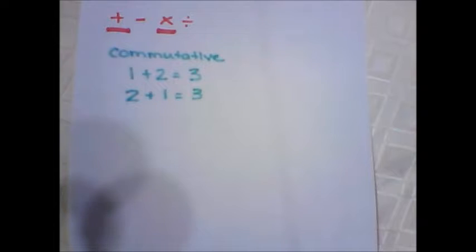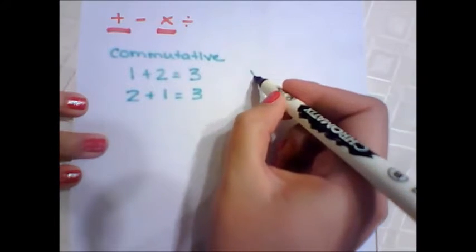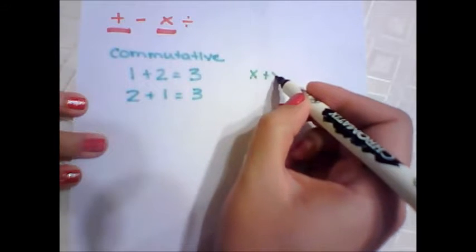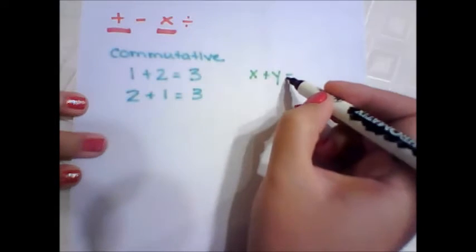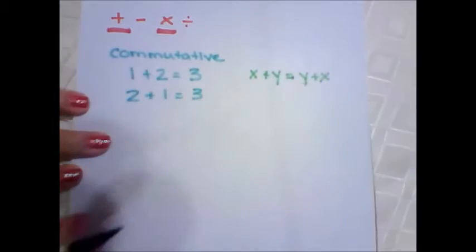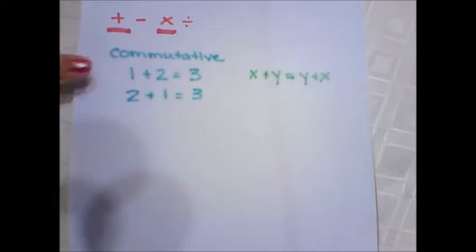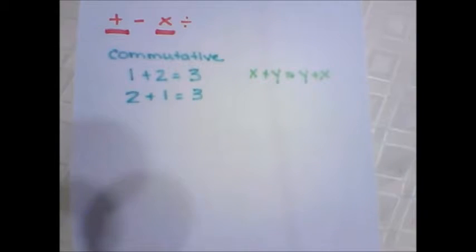I'm going to use x and y, which I use on a daily basis because I teach an array of mathematics, and those are very common variables. So x plus y is the same as y plus x. This is the algebraic version of the commutative property of addition.